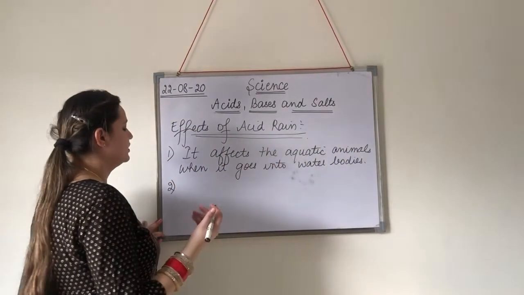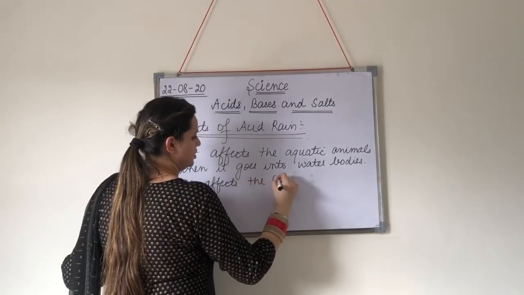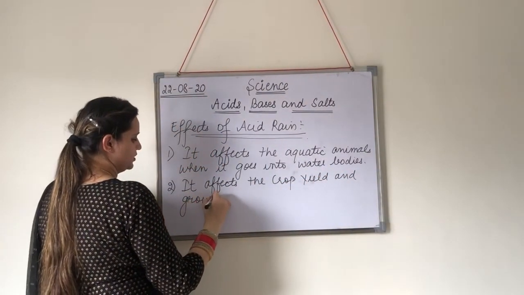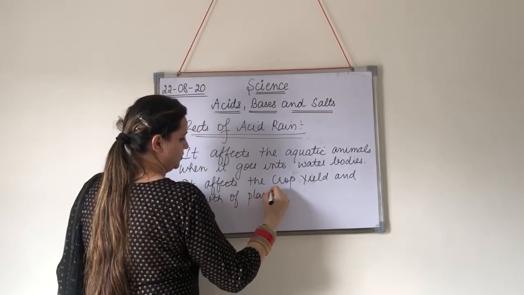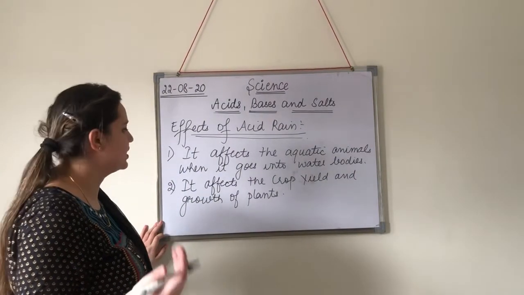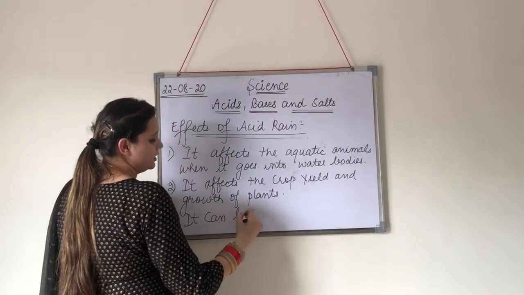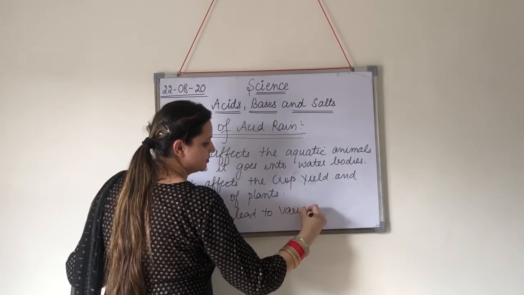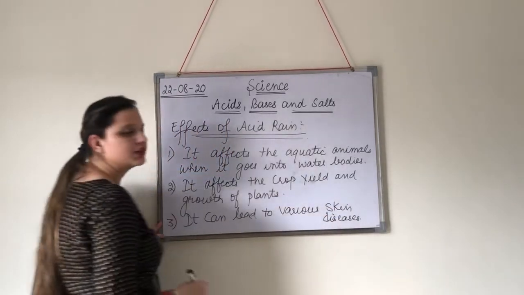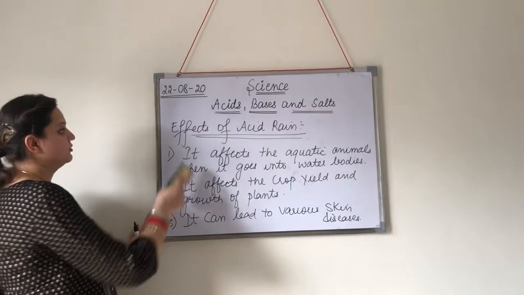Secondly, it is going to affect the crop yield and sometimes the growth of plants, right? So if this rain falls on the plants, that is going to affect the crop yield and also the growth of these plants. Third, it can lead to various skin problems, right? So if we human beings come in contact with the acid rain, we are going to have many skin diseases.